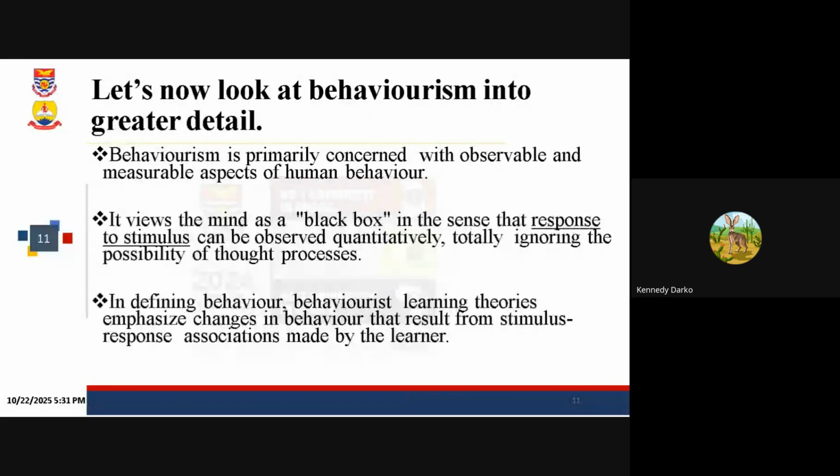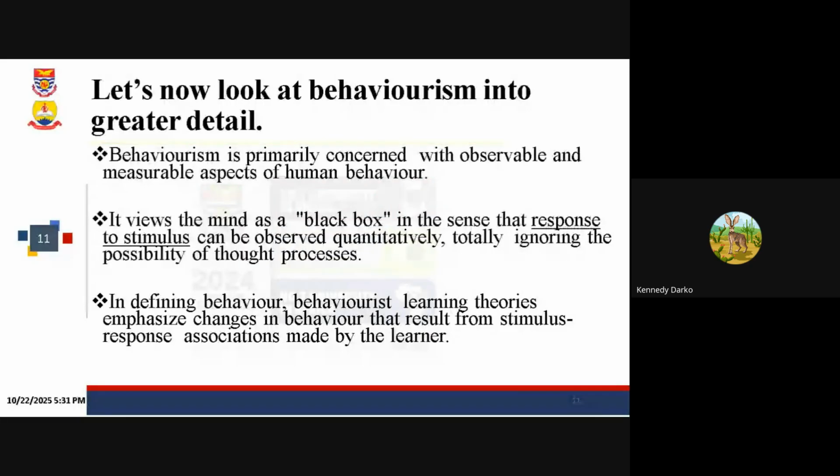Quantitatively deals with numbers, totally ignoring the possibility of thought processes. And so they are looking at the stimulus and its response in terms of what is measurable quantitatively. So they look at what you can do, A, B, C, D, and all of that. They are not looking at the thought processes that you are going to acquire in the mind. They ignore that totally.